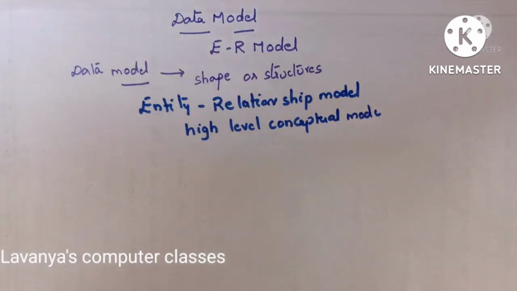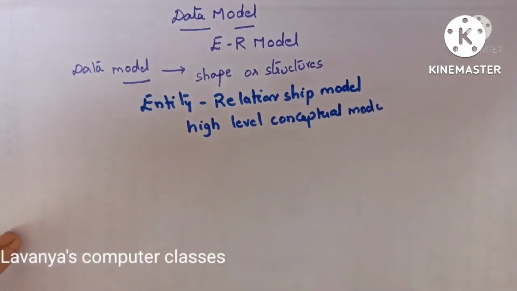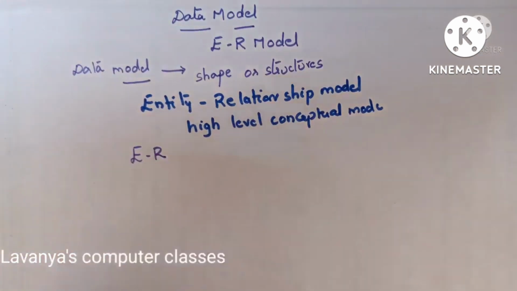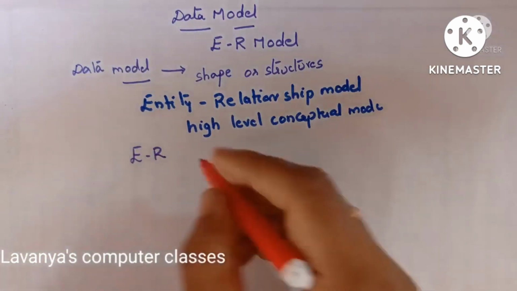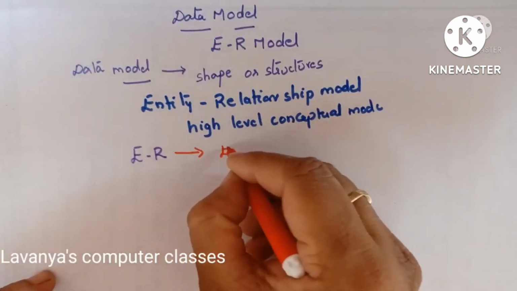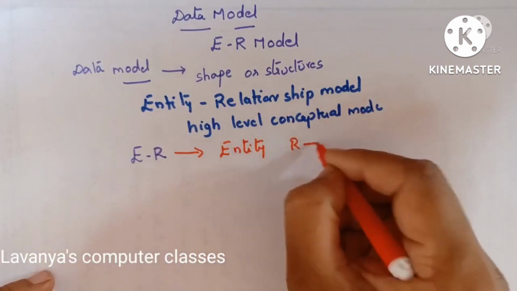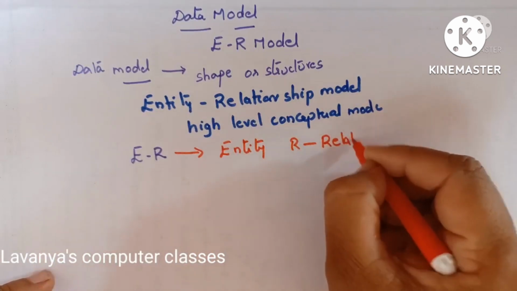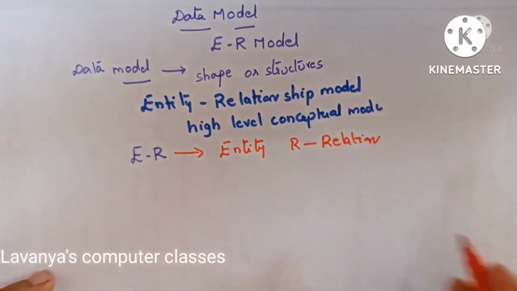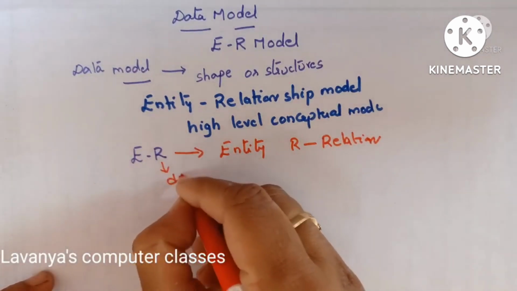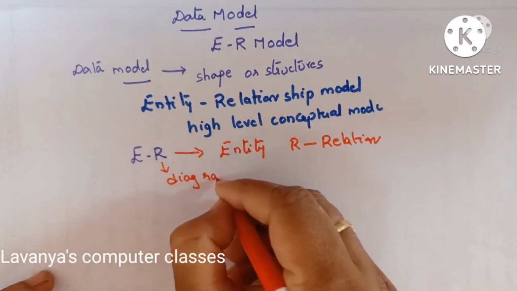The main purpose of developing the ER model is to support the user's view of the data and to hide the implementation details associated with database design. In this video, I just explain the components of ER diagrams. R means relationship and E means entity.